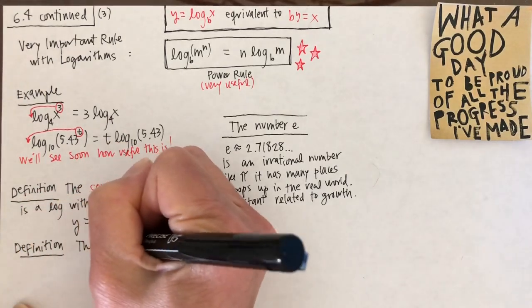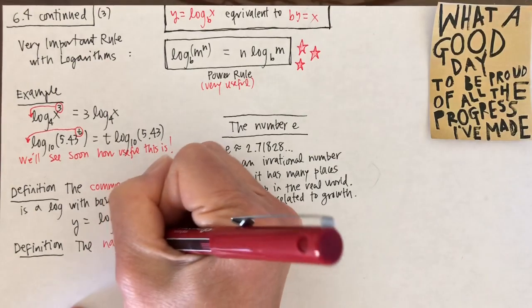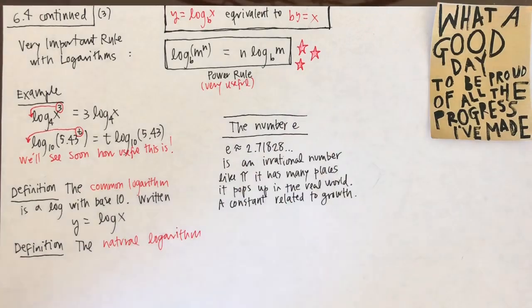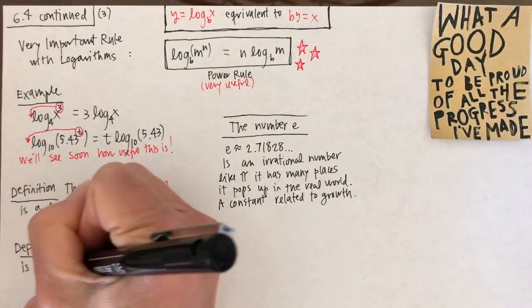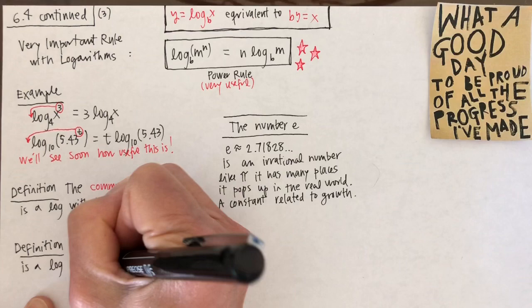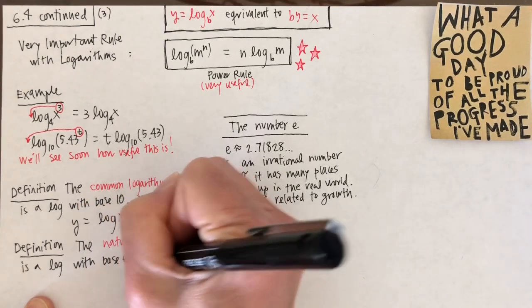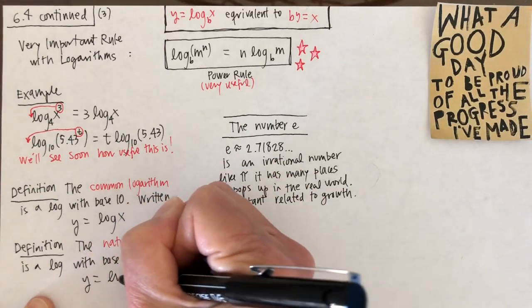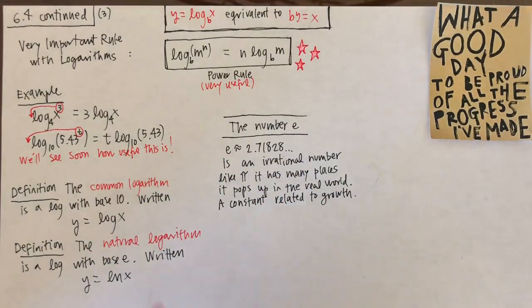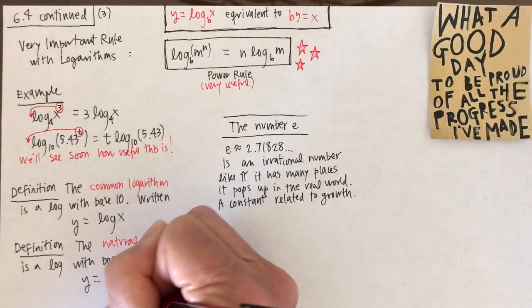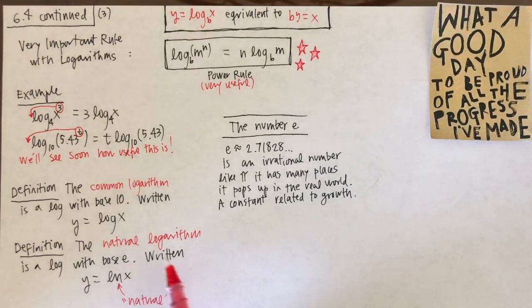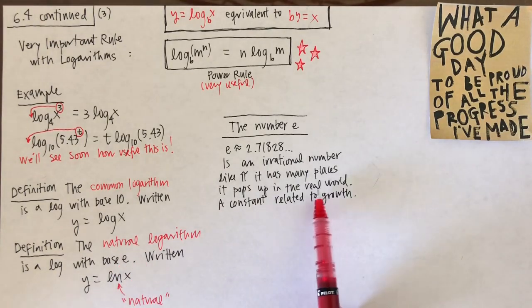And then there's a logarithm called the natural logarithm. The natural logarithm is a log with base e, and it's written as ln x. The n is just a reminder that we're talking about natural. I'm guessing they call it the natural logarithm because it shows up in so many real-world applications of growth.